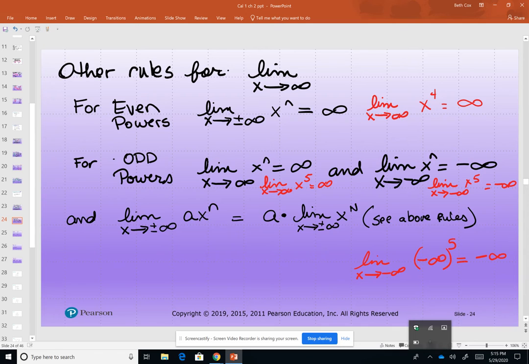And then the last one is kind of like one of the limit laws that I haven't really gone over yet. This is intuitive. Is this number in front? If we have a number in front, we can just multiply it in the front, and it might change things. So if I had the limit as x goes to infinity of negative 3x to the fourth, that would be negative 3 times the limit as x goes to infinity of x to the fourth, which is infinity.